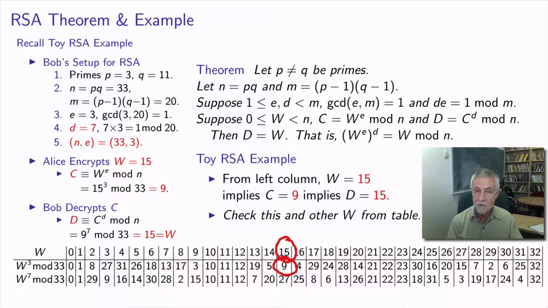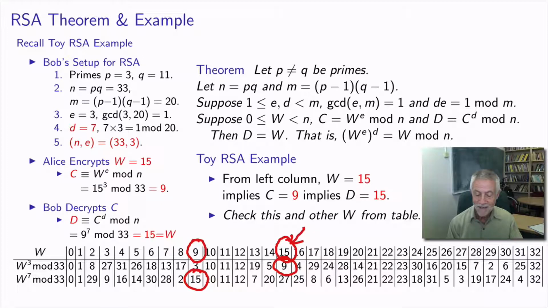So this will be the encrypted number. Then, that's here, decrypting it, we raise it to the power 7, modulo 33, and so we obtain 15, which is the same as the original number.